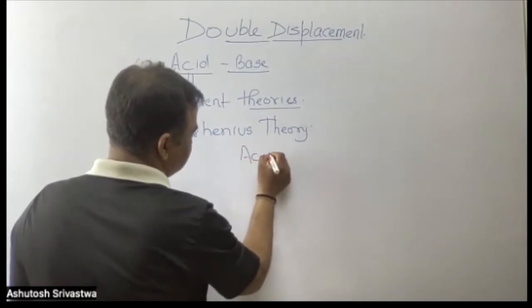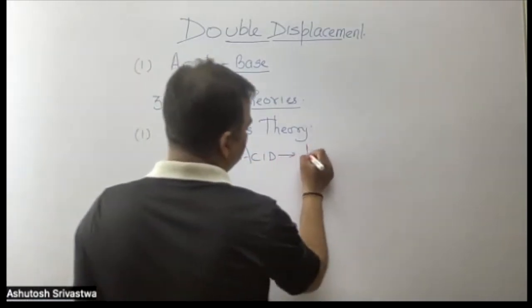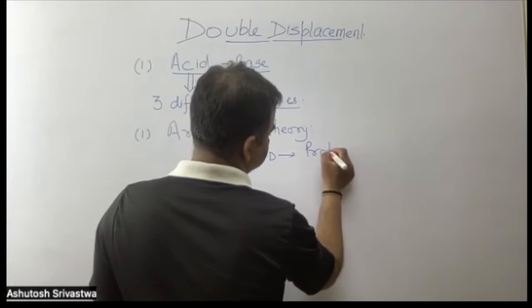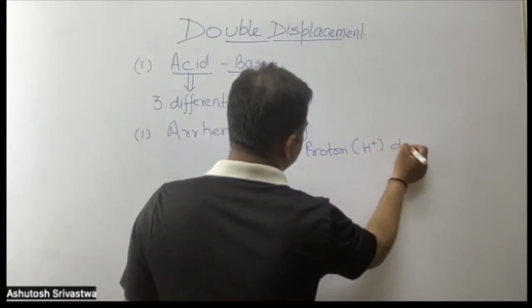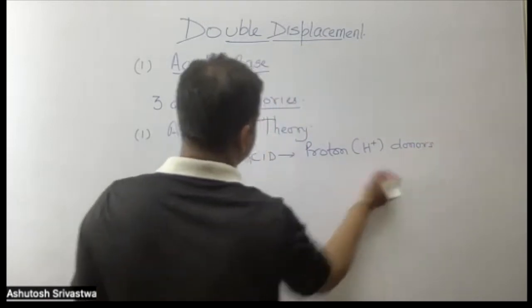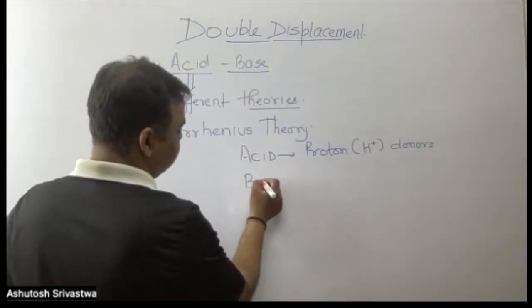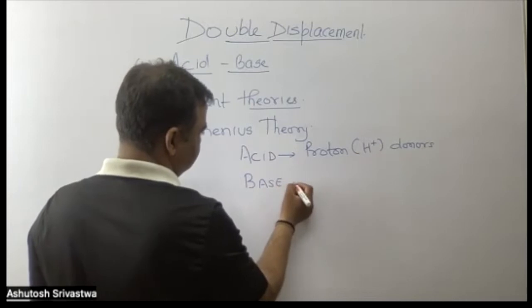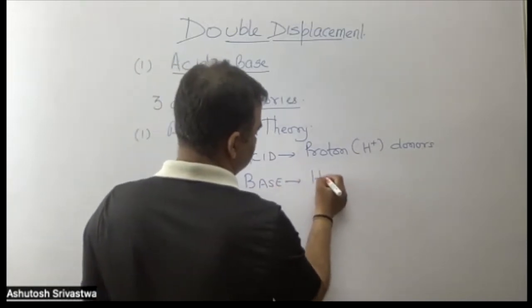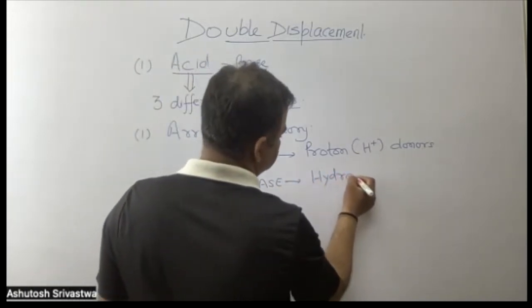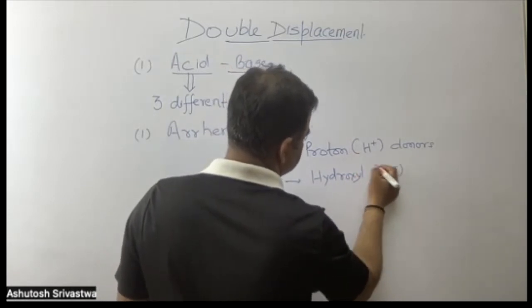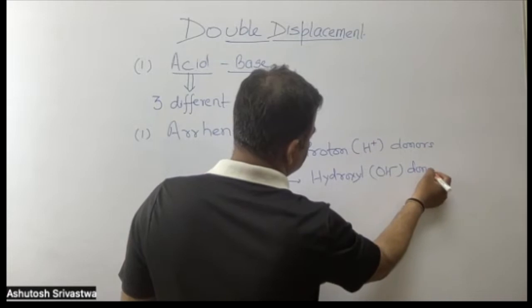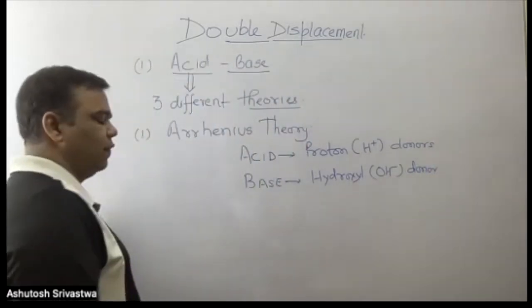Acids are basically proton donors. Proton means H plus. Whereas bases are hydroxyl donors, that is OH minus donors. This is what we normally think at your level.